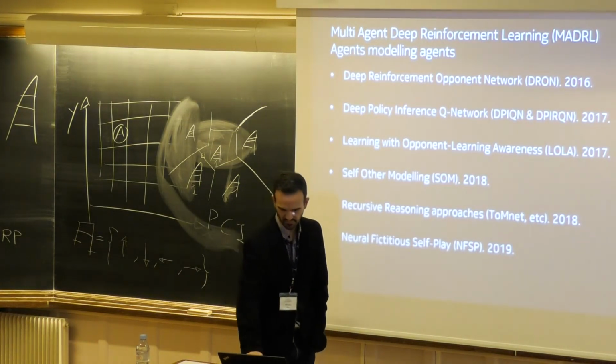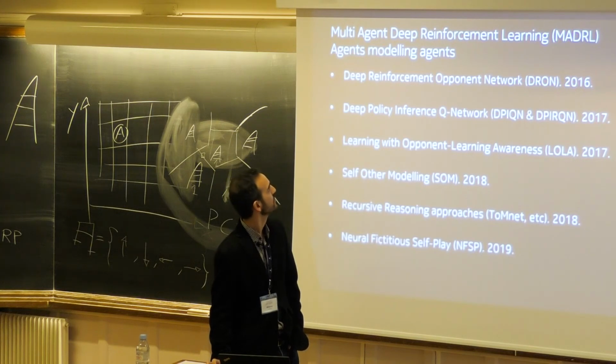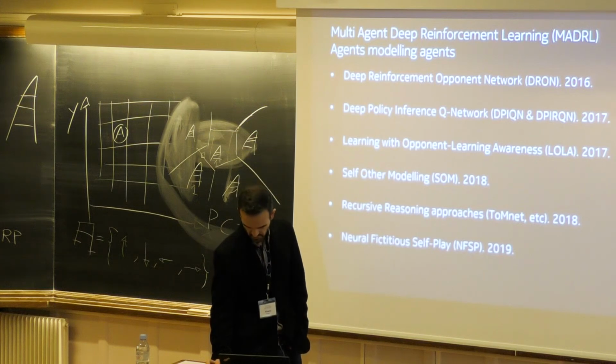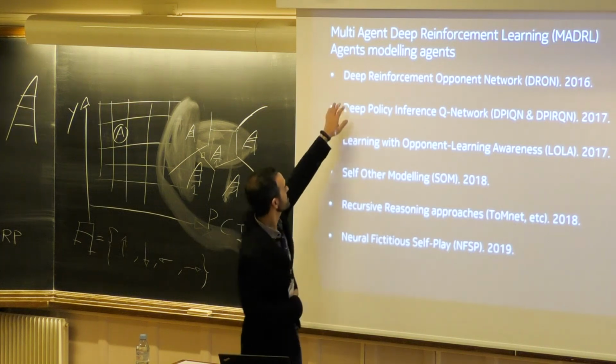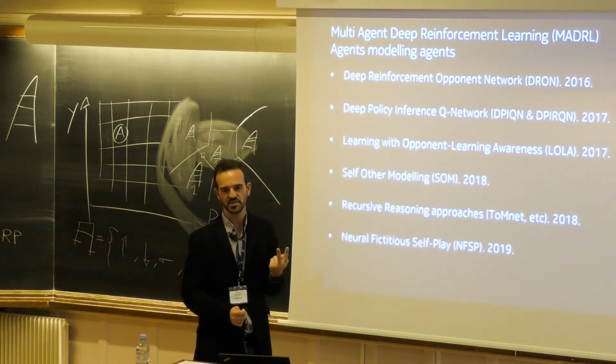This is just a list of papers on agents modeling agents, like the deep reinforcement opponent network, or DRON, I think. Let me see my notes. Yeah, I think this approach basically adds two neural networks to the agents.